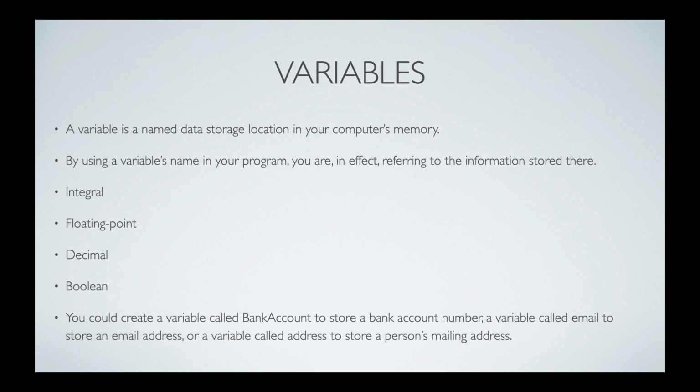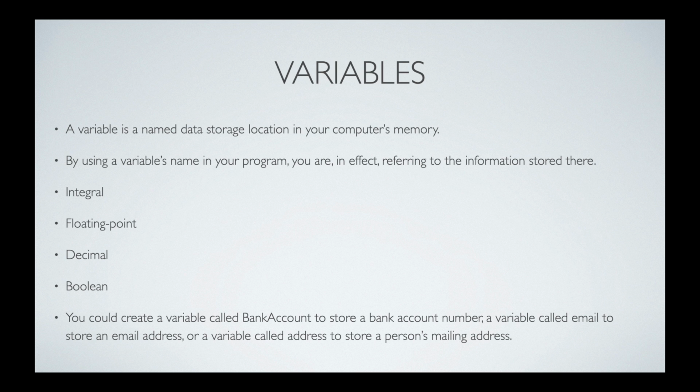There's also char, which is just characters, one letter or number, and we have string, which is either a full word or a group of numbers. But if it's numbers, it won't act as an integral or a float or decimal.